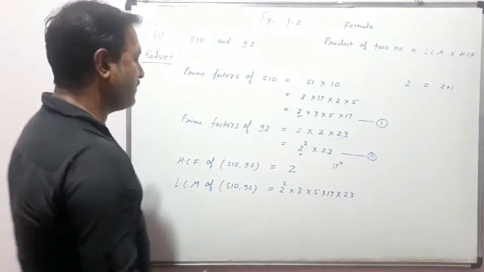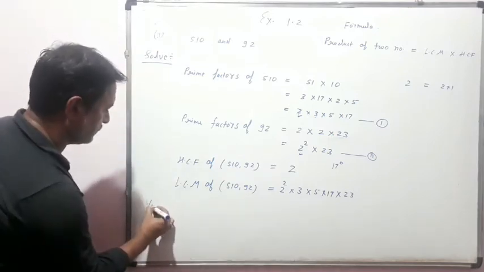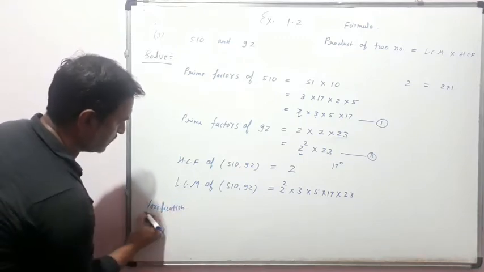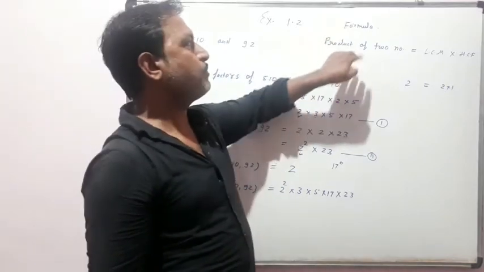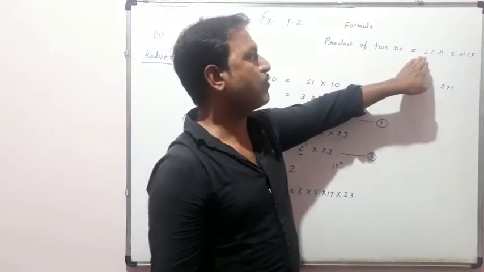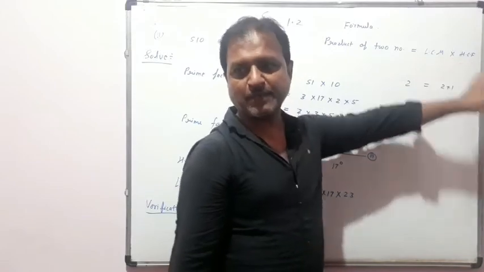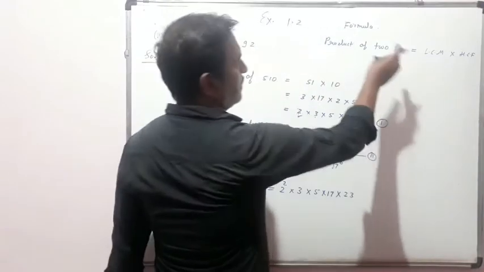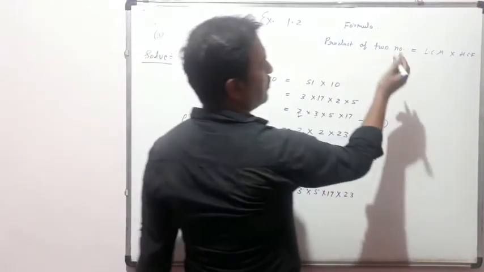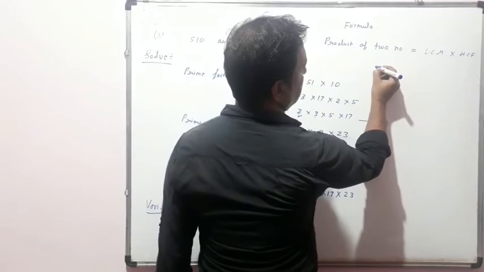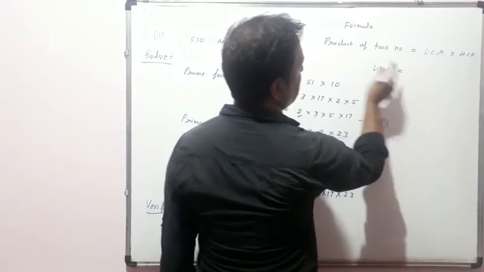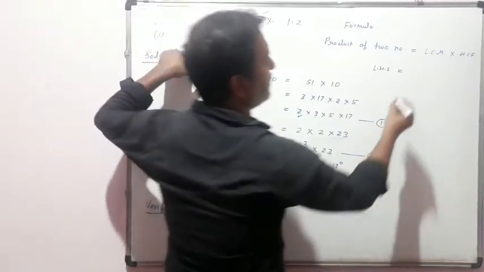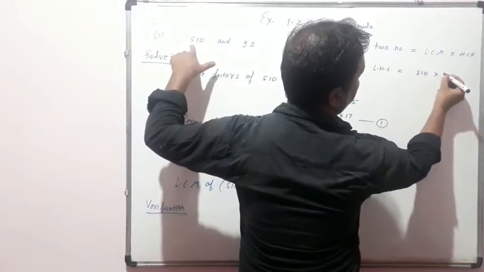Now verification. Your formula is: product of two numbers is equal to LCM into HCF. To verify, we will find the LHS first. LHS is the product of the two numbers, 510 and 92.